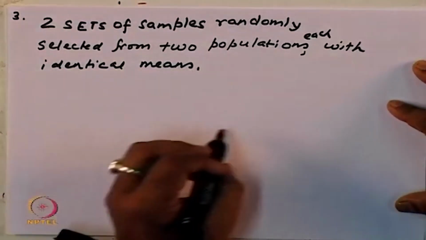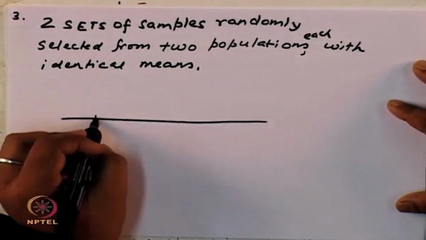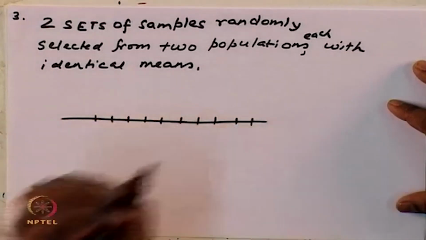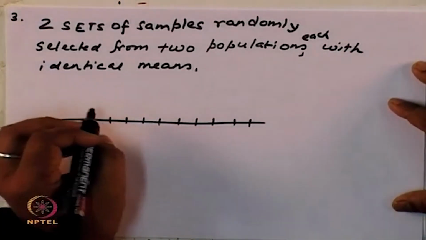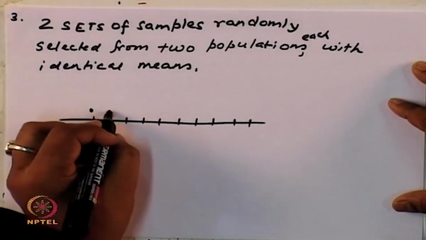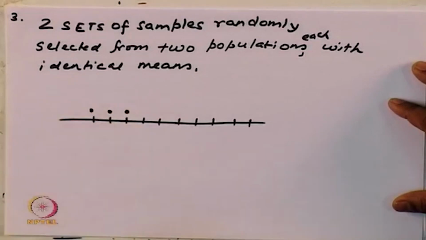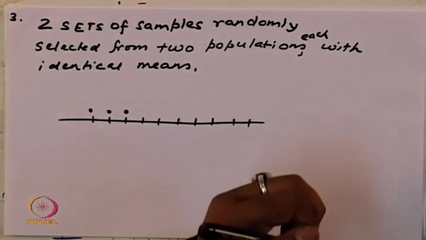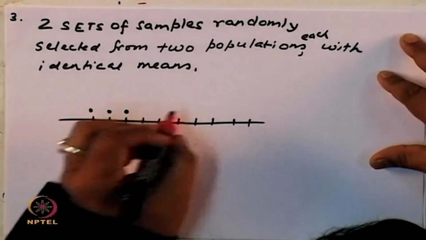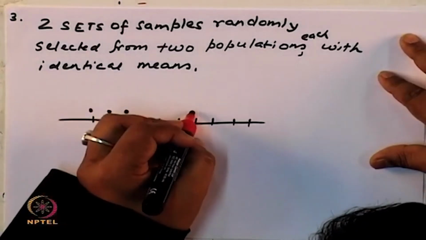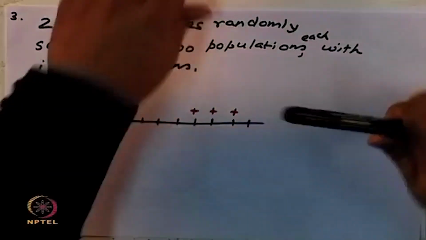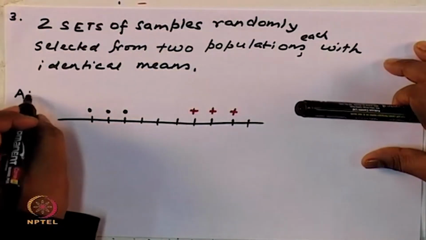Let me draw one particular case. Imagine one of the samples gives you this value, the other sample gives you this value. So, this is your scenario A.